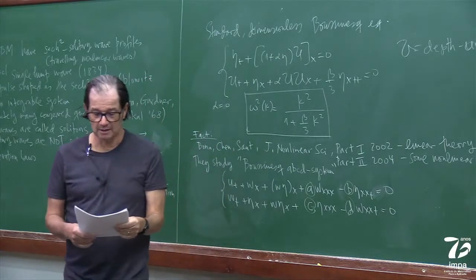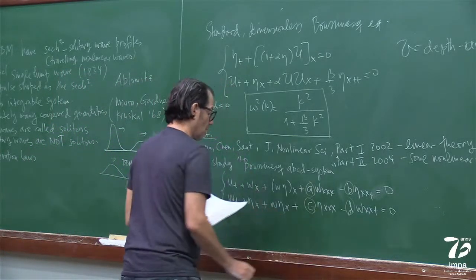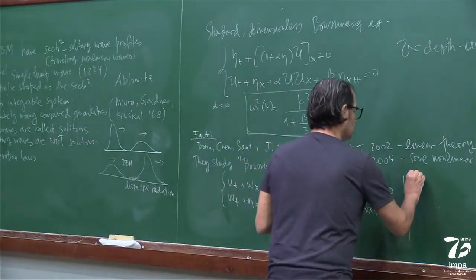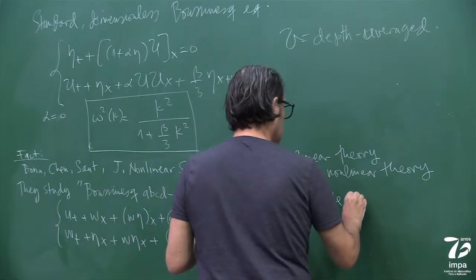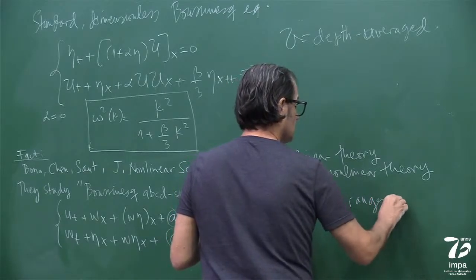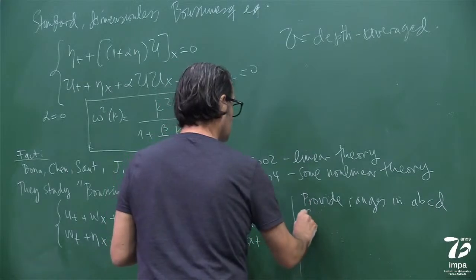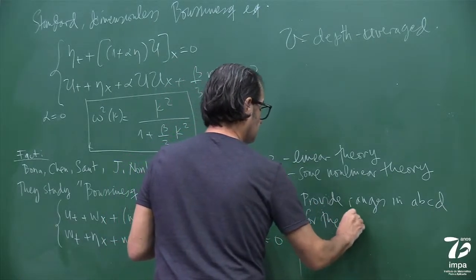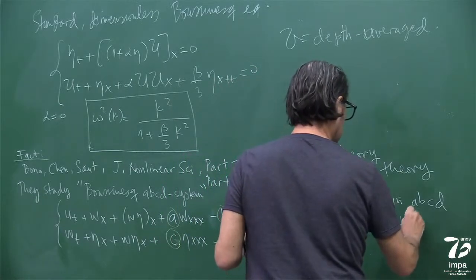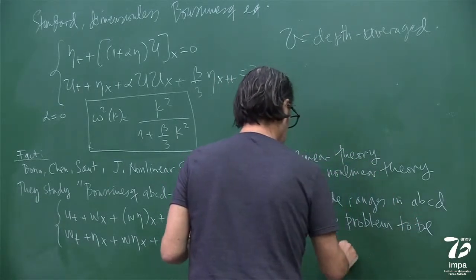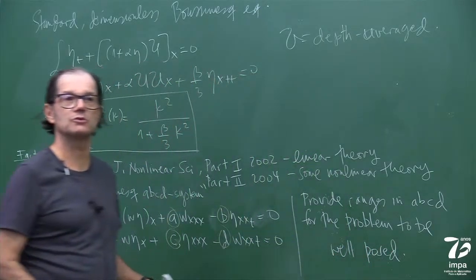And they provide, in particular in some of the nonlinear problems, let me write here. This is one of the important results. They provide ranges in A, B, C, D for the problem to be well posed, right?